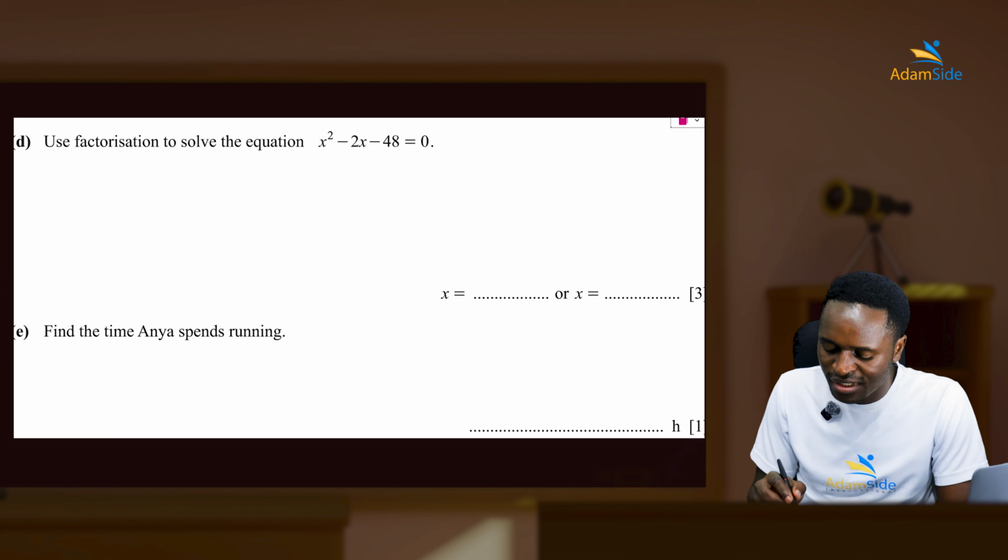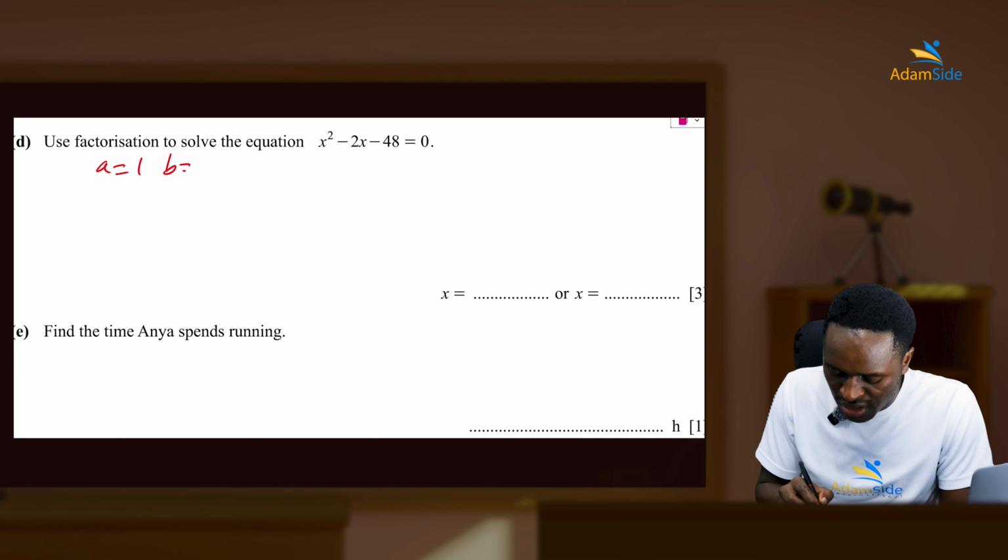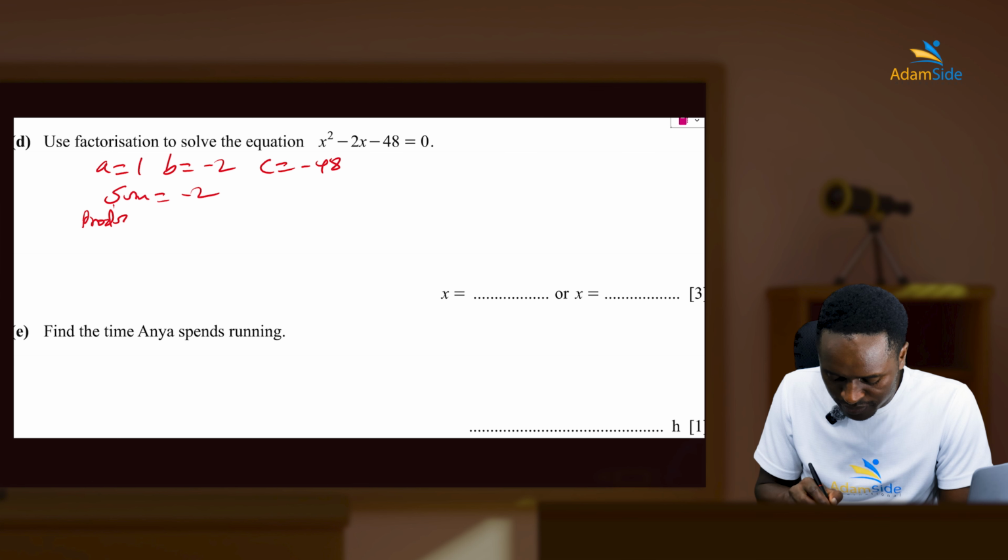Use factorization to solve this. Factorization is simple; this is still on quadratics. We say a, the coefficient, is 1, b is -2, and c is -48. So the sum should be equal to -2 and the product should be equal to -48.